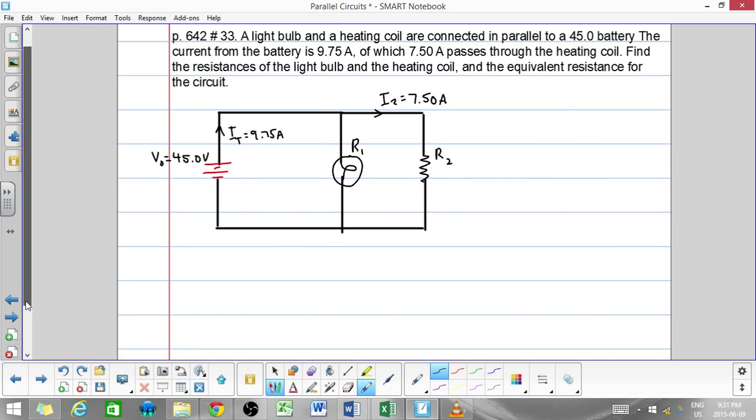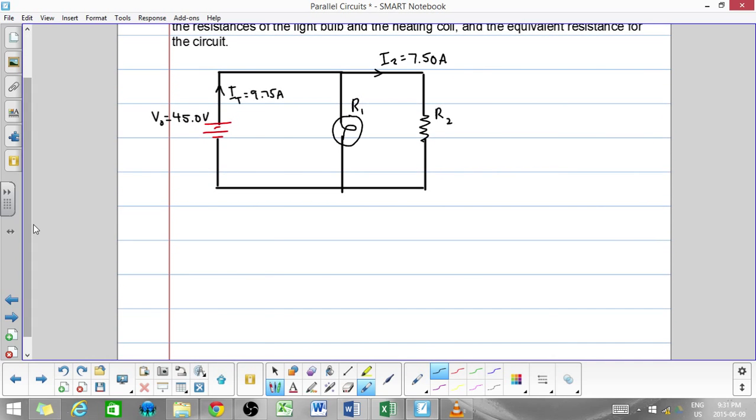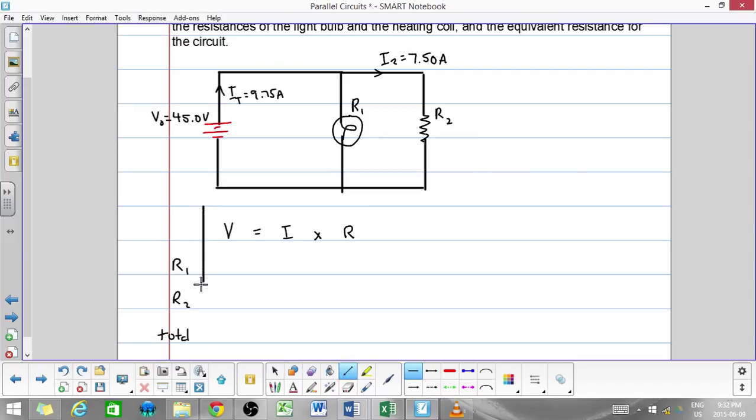Now, as always, whatever they ask you to find, just solve for everything in the circuit, set up the chart. Okay, and we'll write in our knowns.